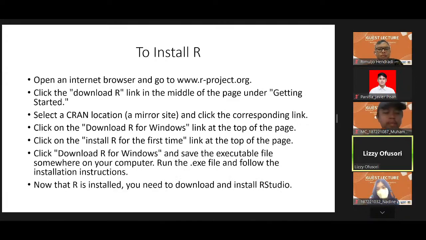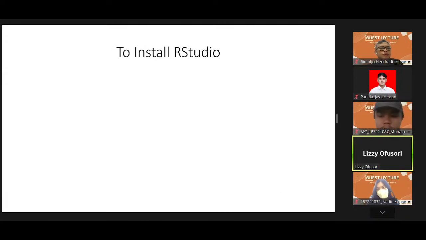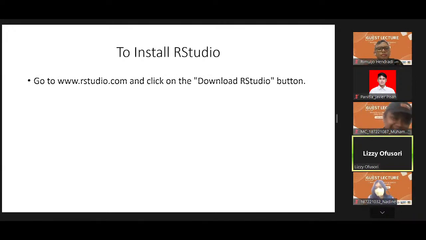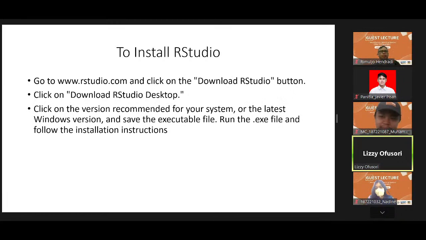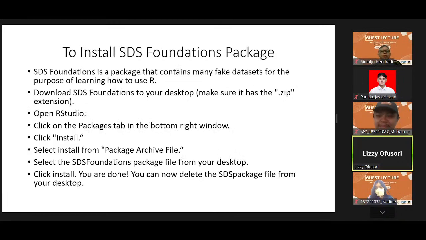Once R is installed, the next thing you need to install is RStudio. Remember, I said they work hand in hand because RStudio provides more functionality to R. So this is also the procedure you have to follow to install RStudio. Go to www.rstudio.com and click on download RStudio. Follow this procedure.